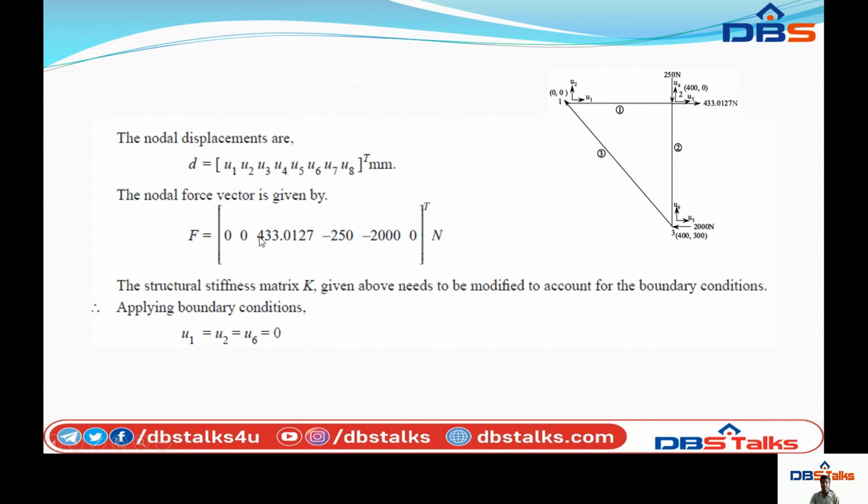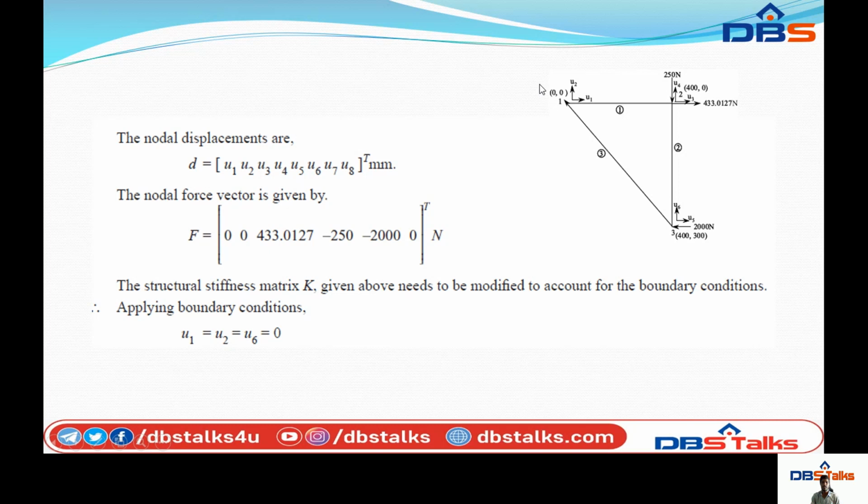For understanding the force vector, for every element there are two nodes. For element 1, there is no horizontal and no vertical movement. So the coordinate point is the origin, 0, 0, and no forces are acting on element 1.